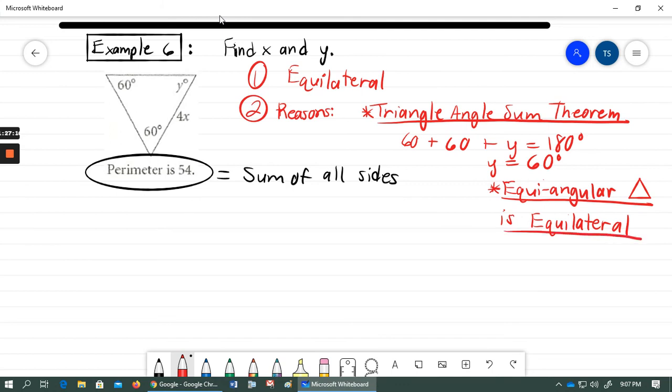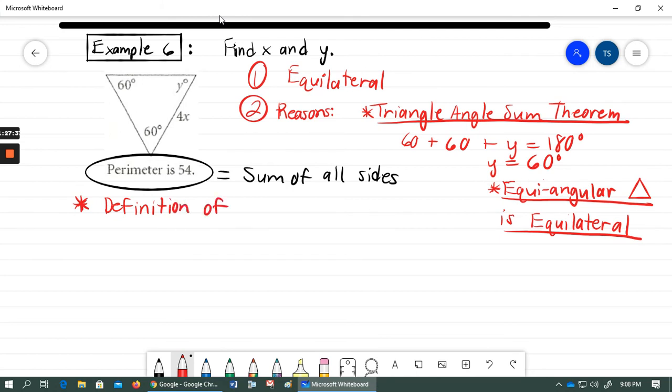All right, so and then folks, what we know about perimeter, right? So use the definition of a perimeter, and the definition of equilateral. Well, first the definition of equilateral, right?